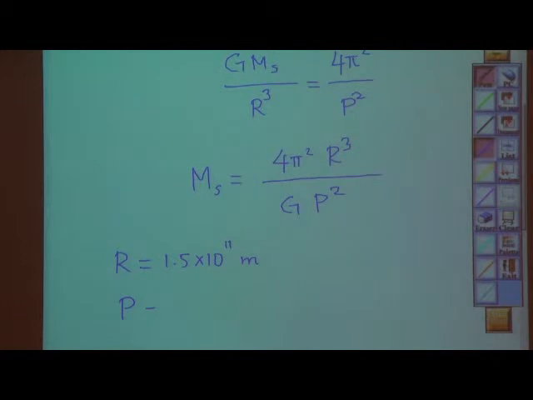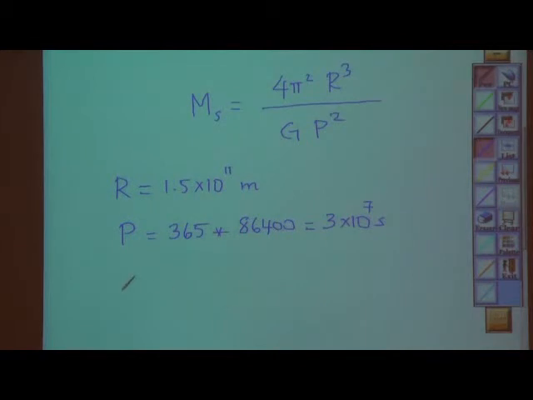P is the period, that is 1 year, but we have to convert this into seconds. So it's 365 times 86,400 seconds per day. It will be roughly equal to 3 times 10 to the 7 seconds.